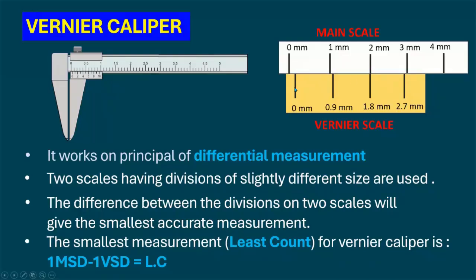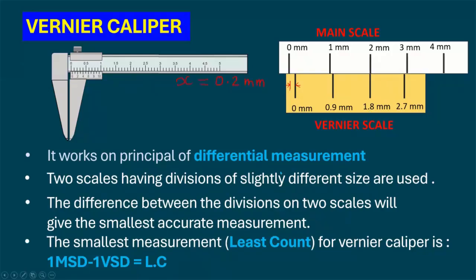If this gap is x, friends, I can easily conclude x equals what? Now the second division is coinciding, so from here to here is 2 mm, and from here to here is 1.8 mm. So the difference is 2 mm minus 1.8 mm, that is 0.2 mm. So this is very simple. This is going to be 0.2 mm.